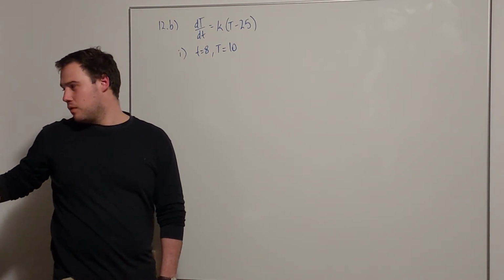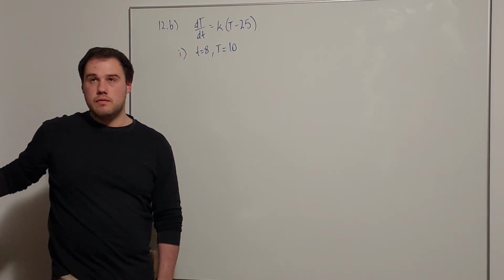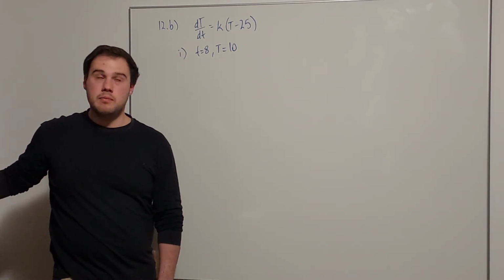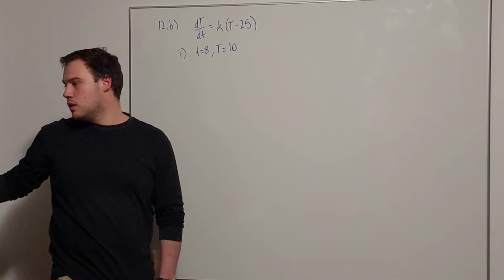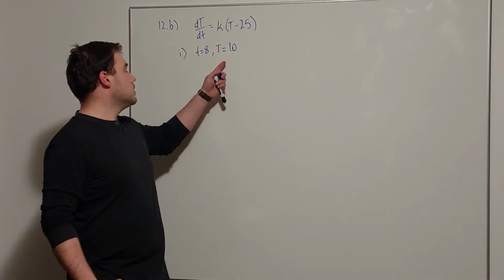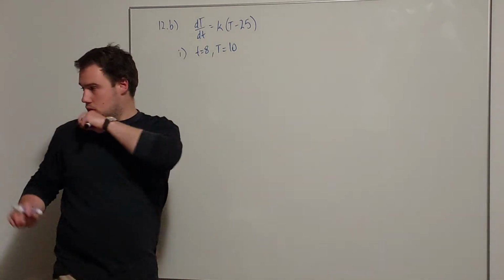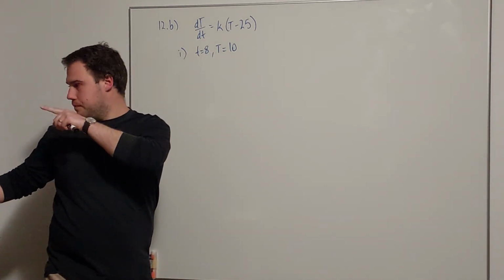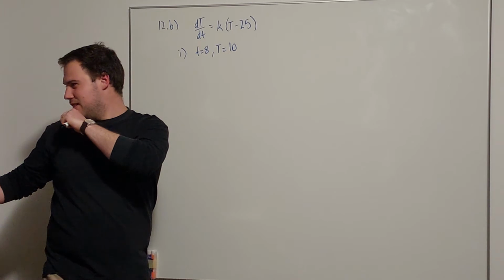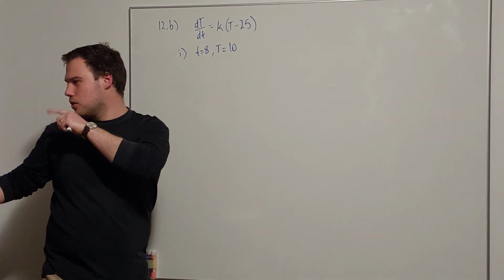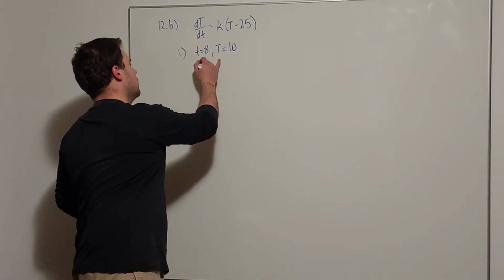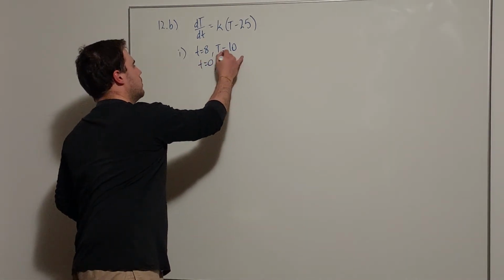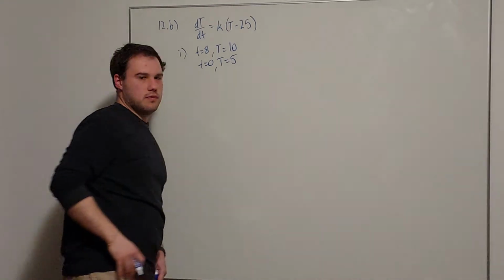Okay, so that means we're going to want to find the equation of temperature in terms of time, like I said, by solving the differential equation, and we'll probably end up using this condition. We've also got, because the bottle of water when it comes out is 5 degrees, when the initial temperature is 5.